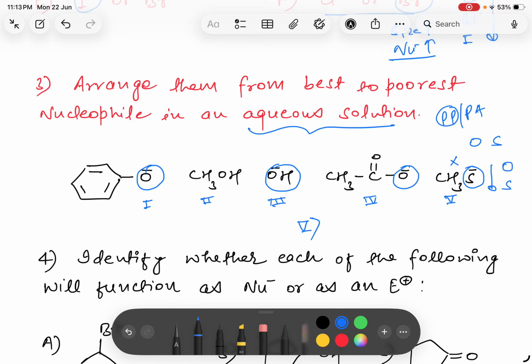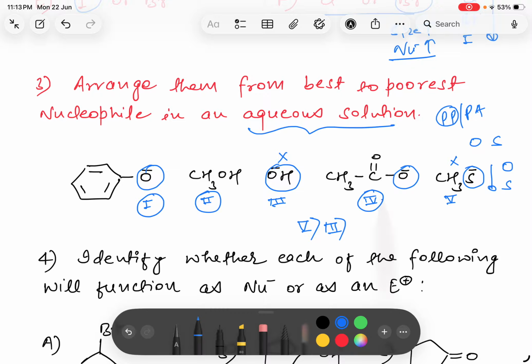The 3rd has no resonance, so it should be the stronger nucleophile. Now 1st, 2nd, 4th. If you look at the resonance in the 1st and 4th, the 1st has unequal resonance, while the 4th has equal contributing resonance structures.